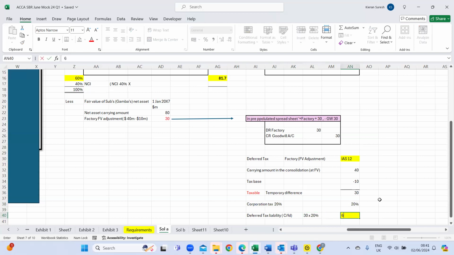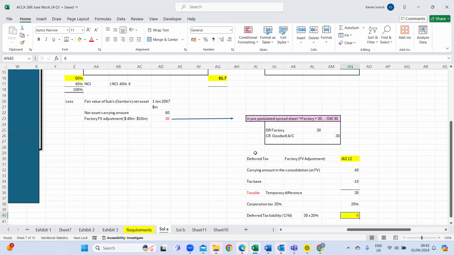Now the question you would ask yourself, do you have any deferred tax charges on your opening balances? We don't. This is the first time we are recognizing deferred tax. So the opening balance is 0, closing balance is 6. To balance it, a 6 million charge needs to come into play.